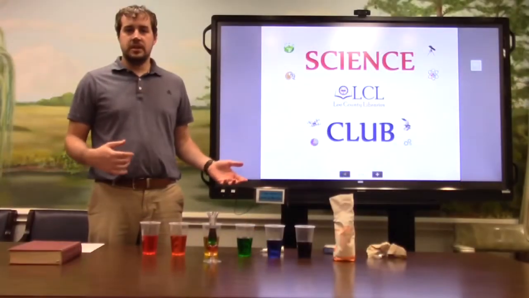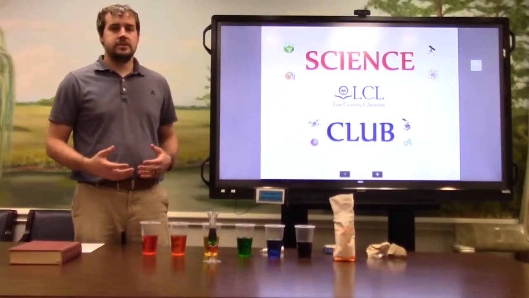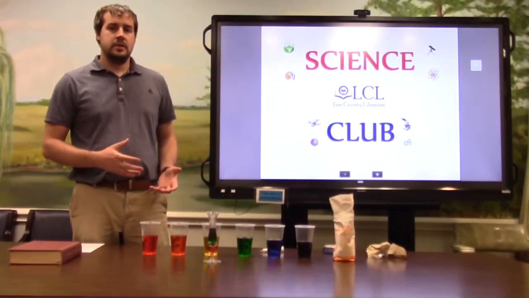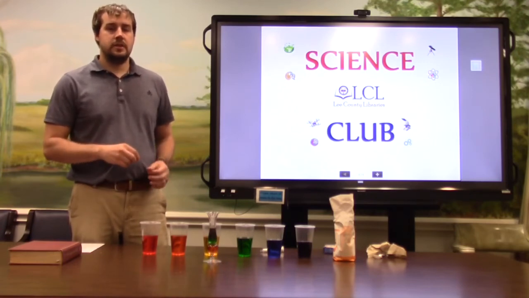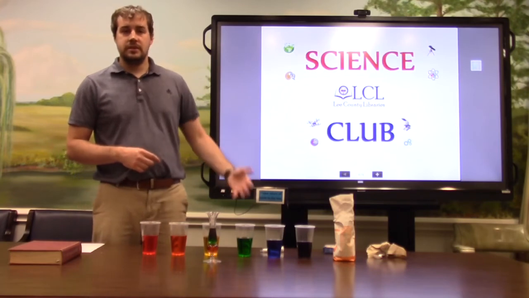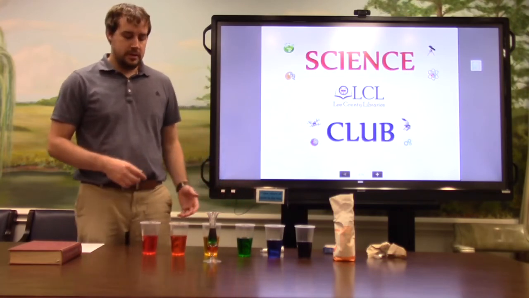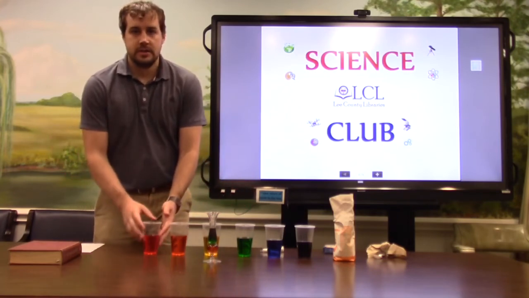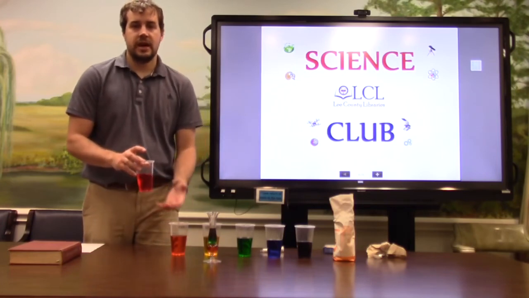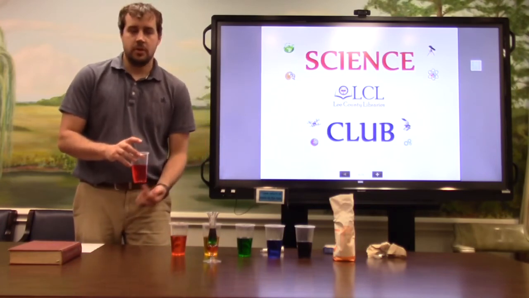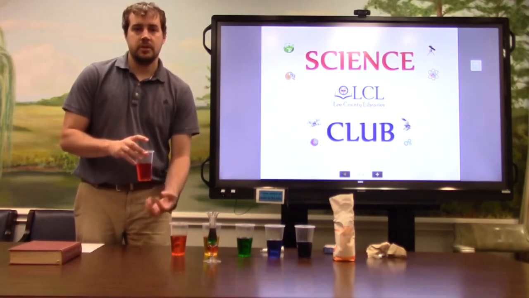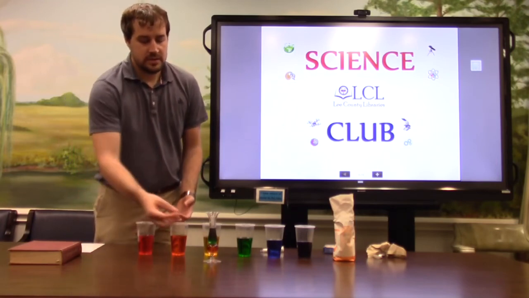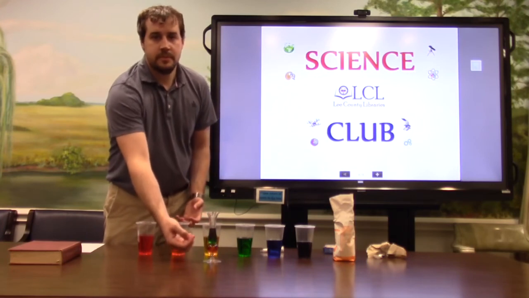Like we said in the beginning, gravity is going to work differently on something of a different density. Because the red has the highest density, there's the most mass in here for gravity to pull on. So therefore it's going to be pulled to the bottom.